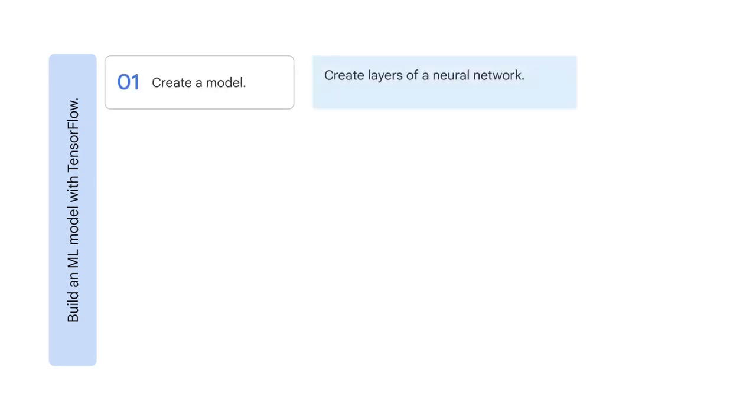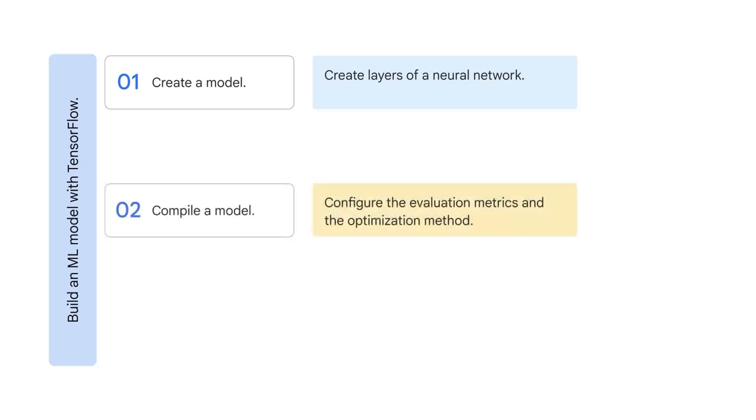Now let's look at an example of using TF-Keras, a high-level TensorFlow library commonly used to build a simple regression model. Typically, it takes 3 fundamental steps. In step 1, you create a model where you piece together the layers of a neural network. In step 2, you compile the model, where you specify hyperparameters such as performance evaluation and model optimization.